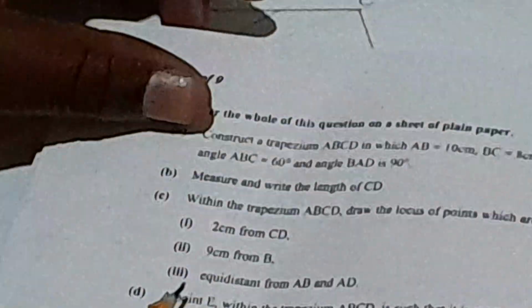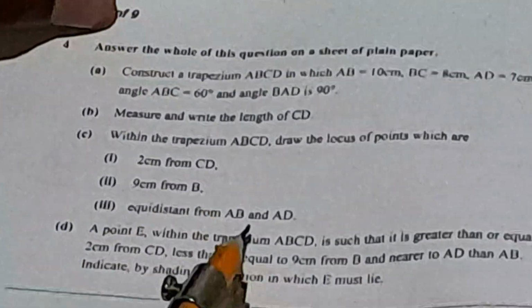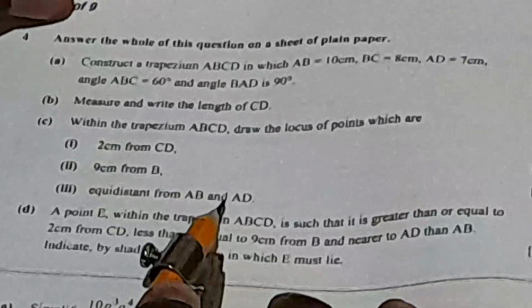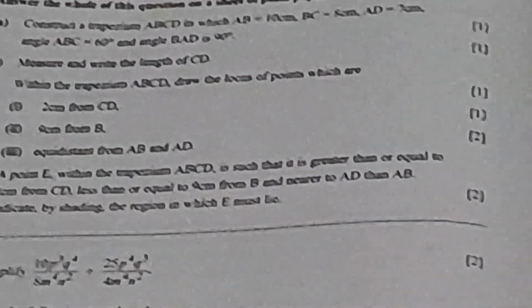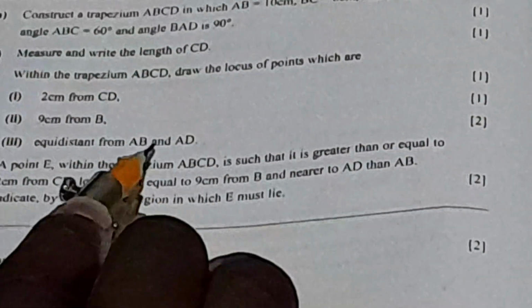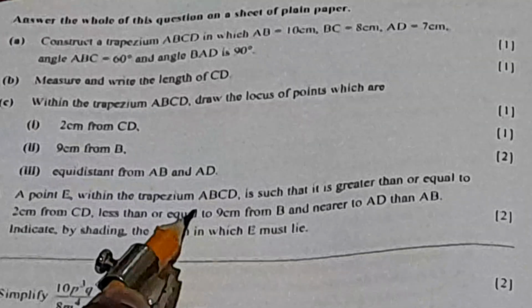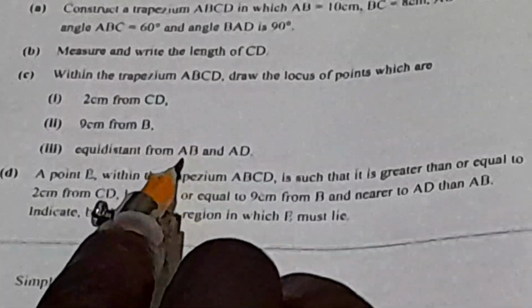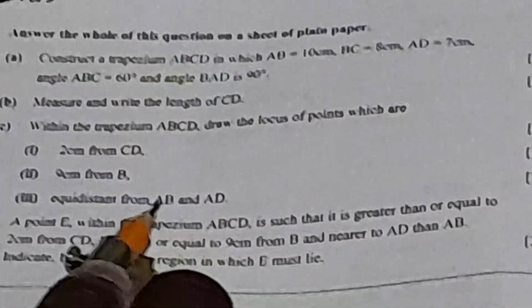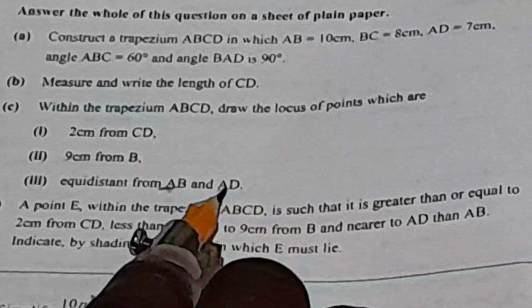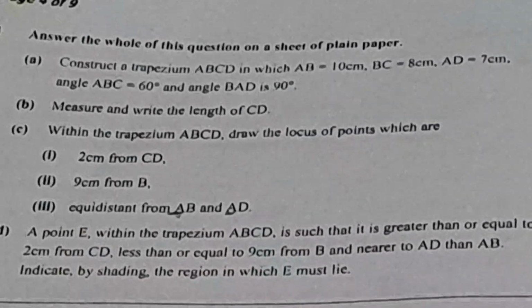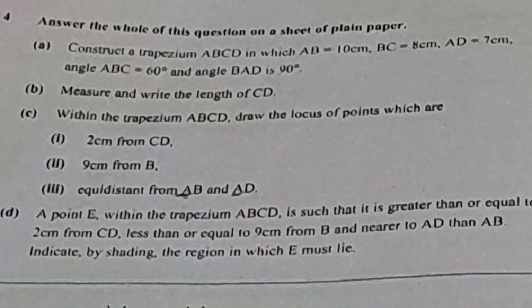They're saying the locus of points which are equidistant from AB and AD. So what we're going to draw is actually a line which is equal in distance from line AB and line AD. This one is actually an angle bisector. So what you do is you consider the common point, which is A, and that's an angle which we are going to bisect.